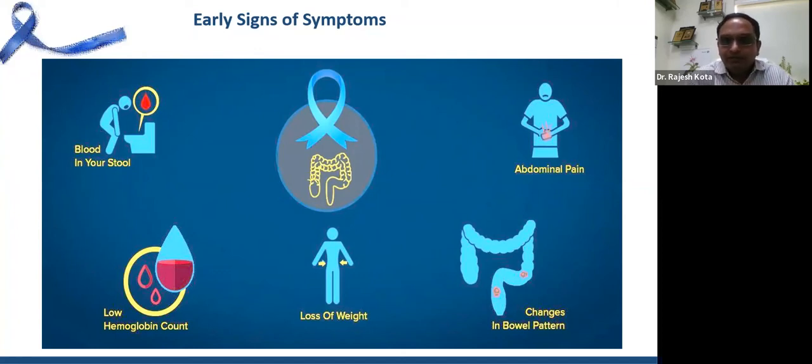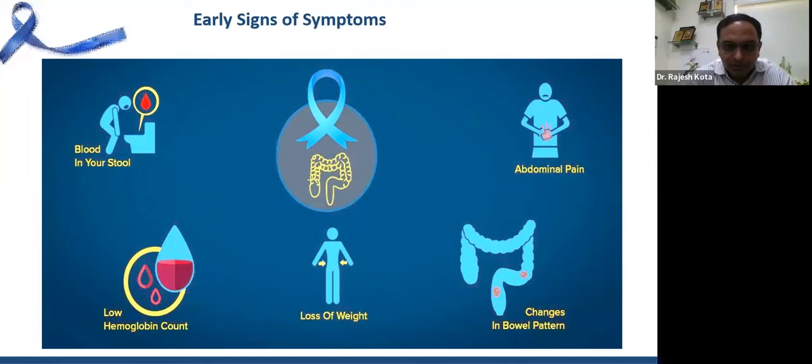Again, if for one or the other reason you get your hemoglobin checked, and for all men, if they are having low hemoglobin, they should get the reason known. Men should not have low hemoglobin as such. So for all adult men, if there is a low hemoglobin, that is a warning sign to get checked if there is any blood loss anywhere in the system, not just the GI, anywhere.